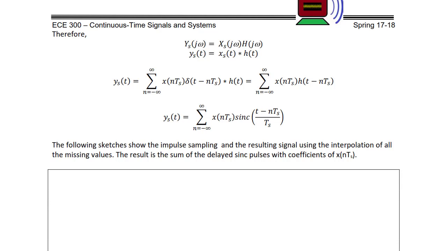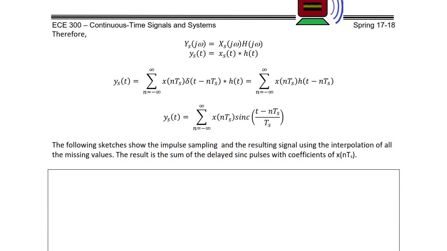So the discrete time convolution, ys of t, is equal to the summation from n equals negative infinity to infinity of x of nTs, delta of t minus nTs, convolved with h of t, which can be rewritten as the summation from n equals negative infinity to infinity, x of nTs, h of t minus nTs.